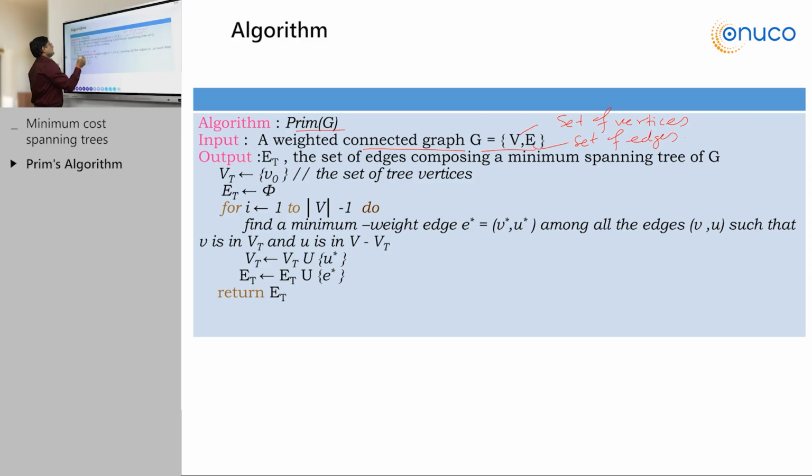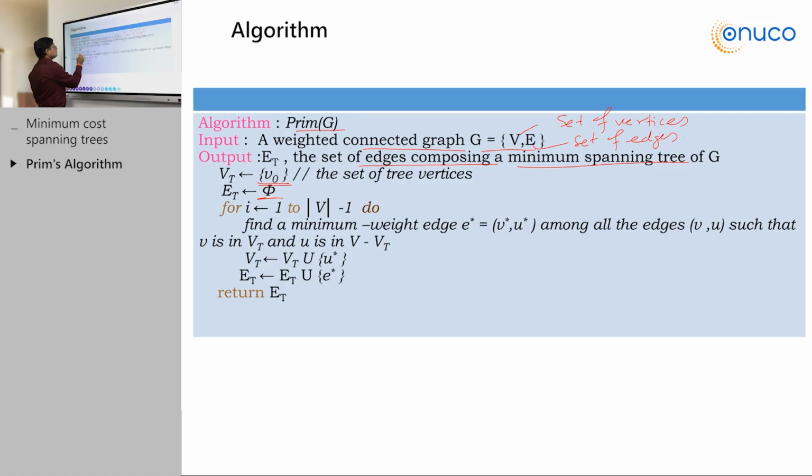And what is our output? The output should be a set of edges composing a minimum spanning tree. VT initially is V0, and ET has no edges. Why V0? We are just selecting one source vertex to start. We can select any vertex as the source vertex.